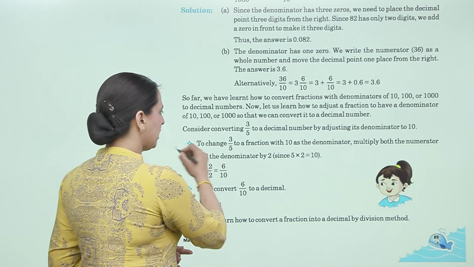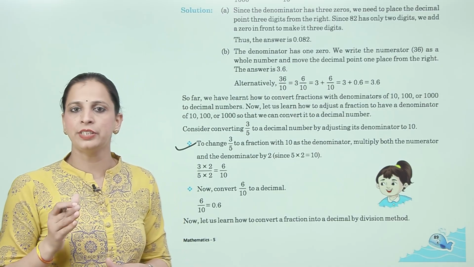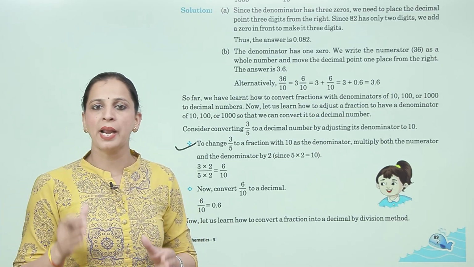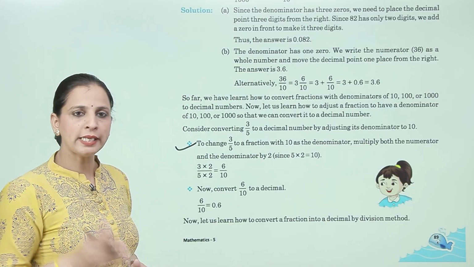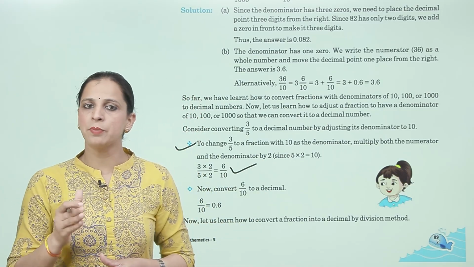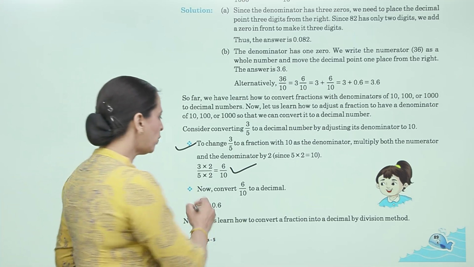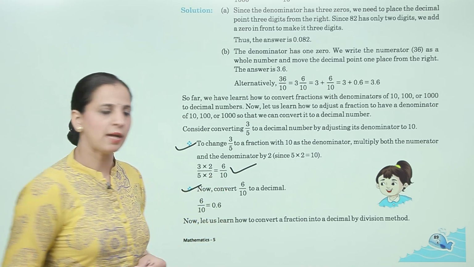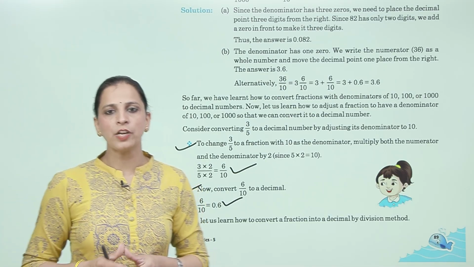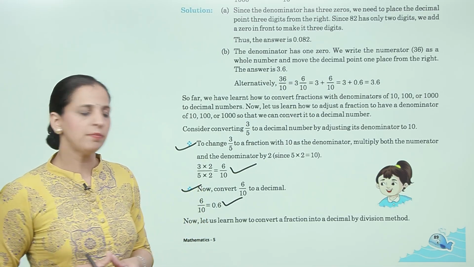To change 3 by 5 to a fraction with 10 as denominator, multiply both numerator and denominator by 2. Since 5 2s are 10, multiply both numerator and denominator by 2. It becomes 6 by 10. Now convert 6 by 10 to a decimal. It becomes 0.6.